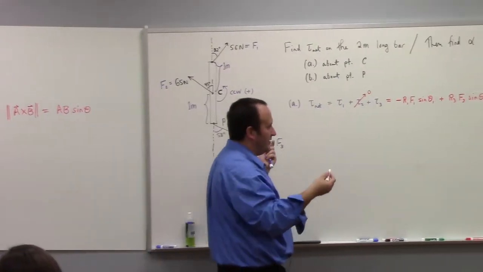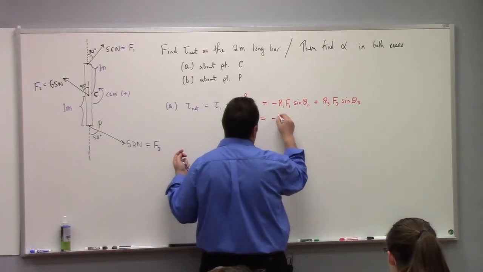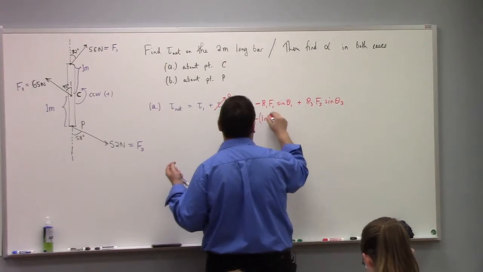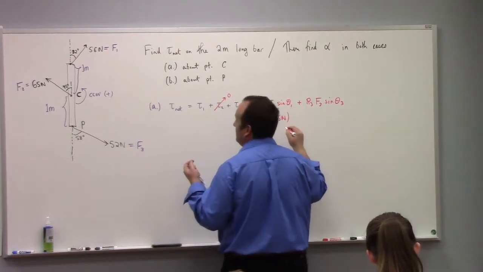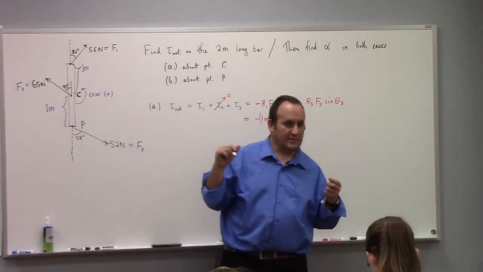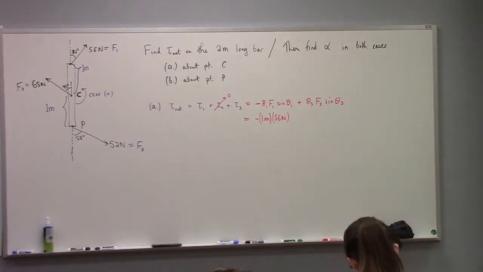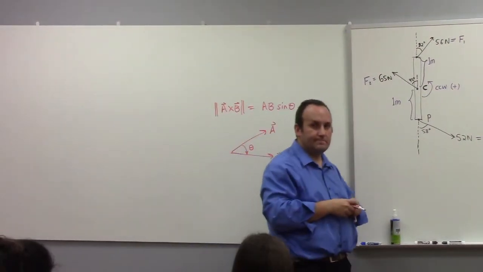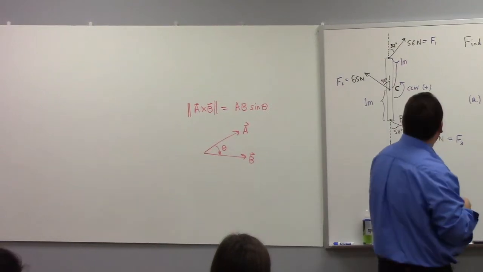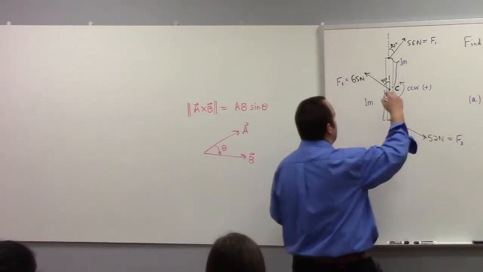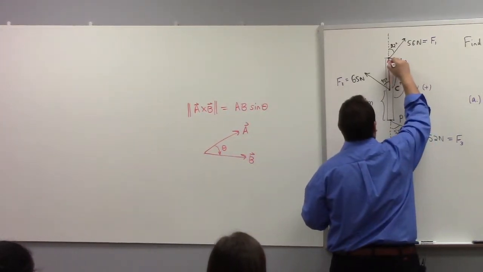All right, so R1 and R3 are both 1 meter. So that's kind of boring. What's F1? 56. Theta 1. And are these the legit thetas? Theta here, if you picture A and you picture B, is sweeping from A to B, or B to A. So yes, the thetas given are indeed the theta between R and F, because R1 is literally this vector.